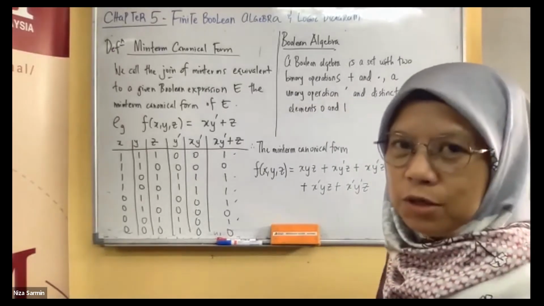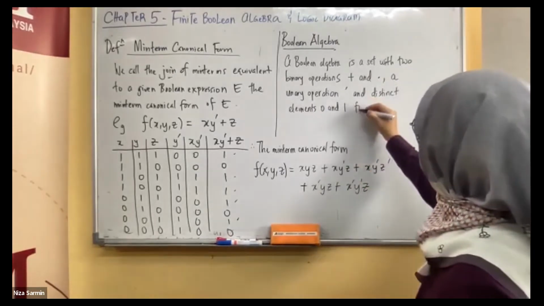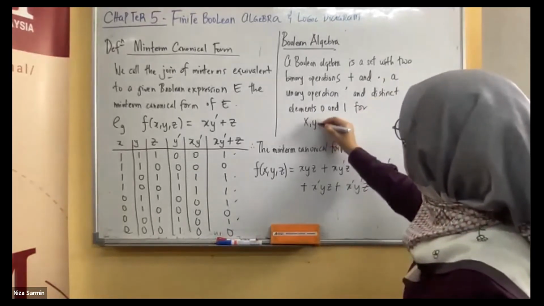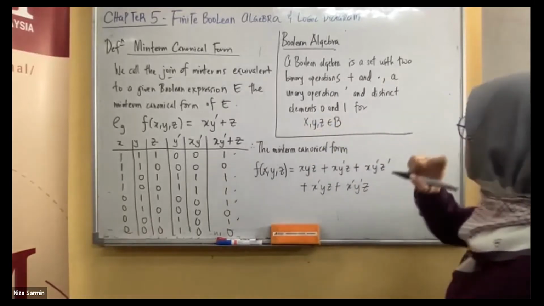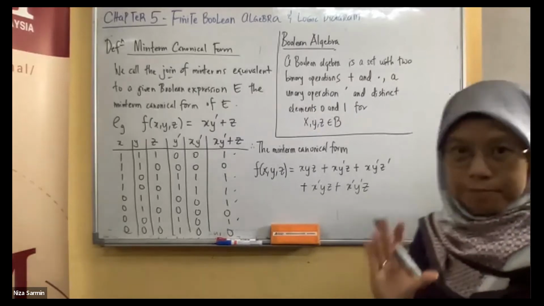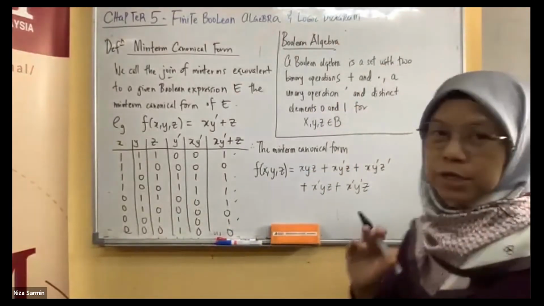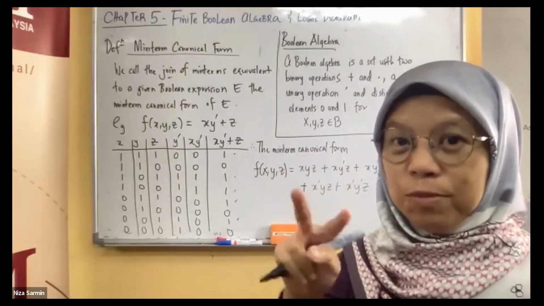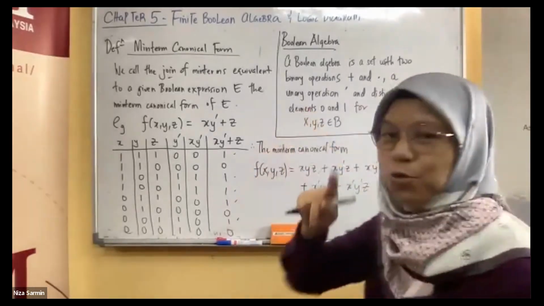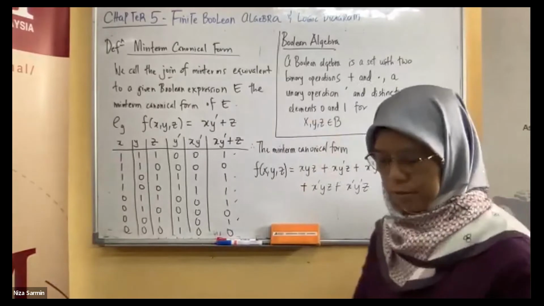We always talk about the binary numbers, right? 0 and 1, for X, Y, Z in B. It's a set with two binary operations. Binary means you have to have two, right? To add or to multiply. Unary, you just need one X and then take the prime, and the distinct elements.